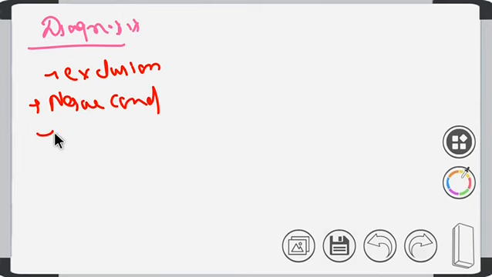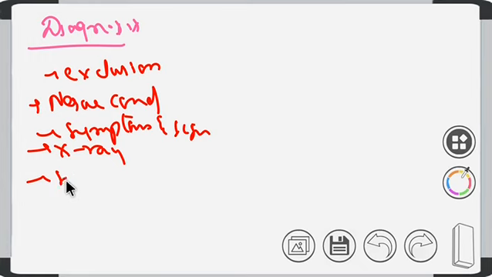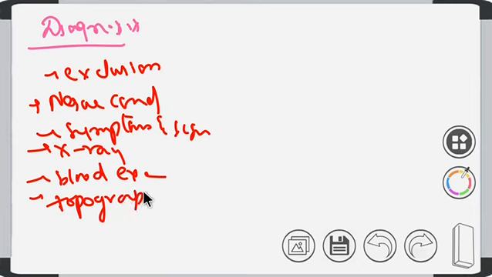We'll see symptoms and signs. We'll take X-ray studies. We'll do blood examination: total leukocyte count, sedimentation rate, blood sugar, serology. All these things we'll do, and we'll also do topographic tests.